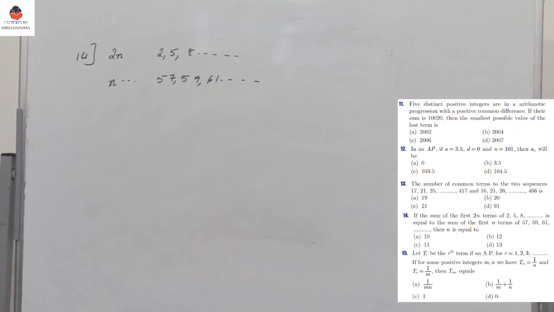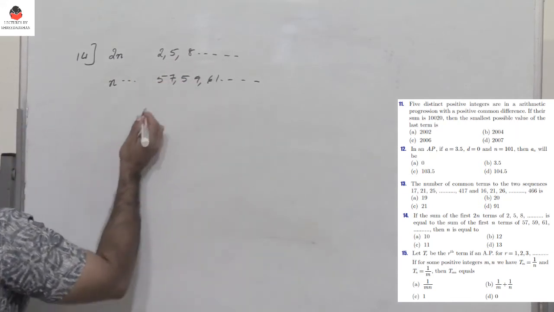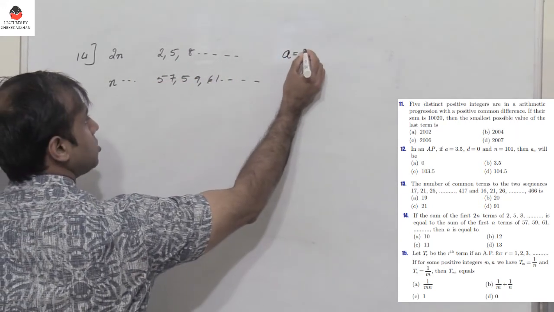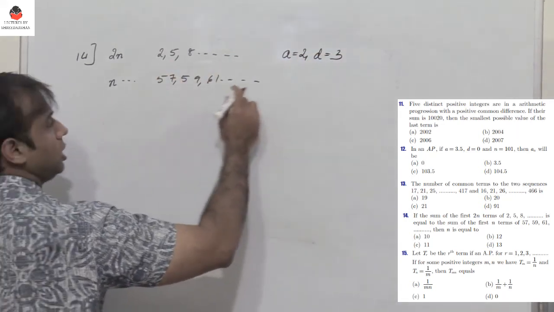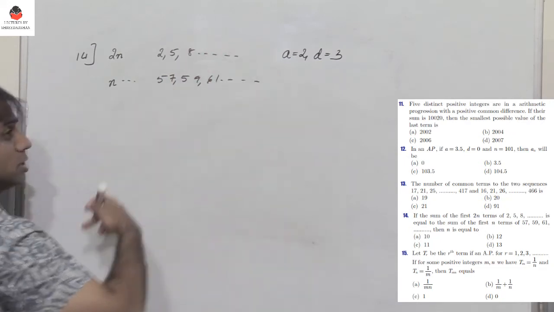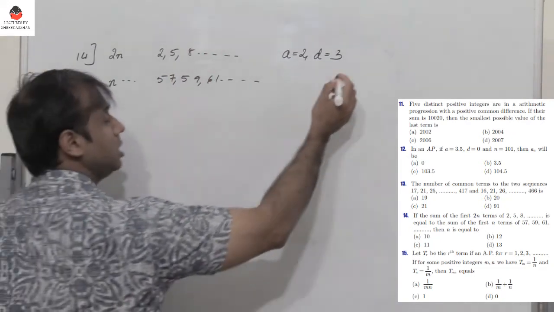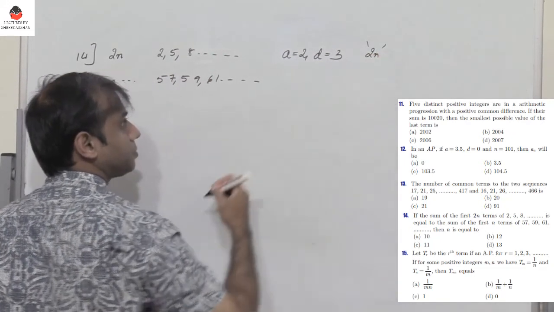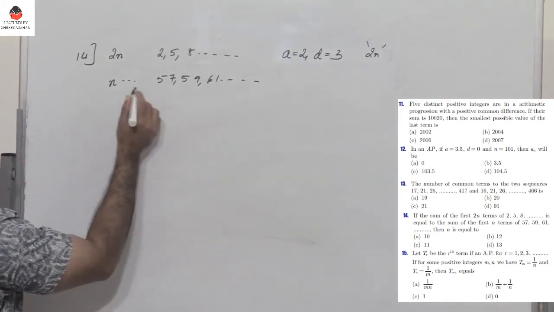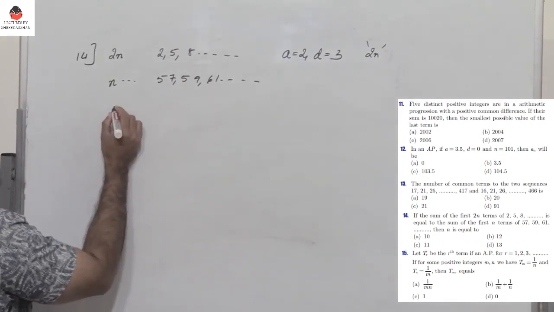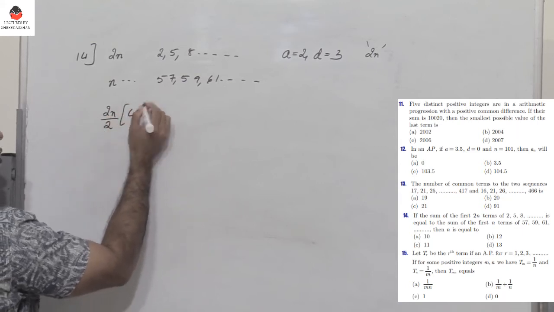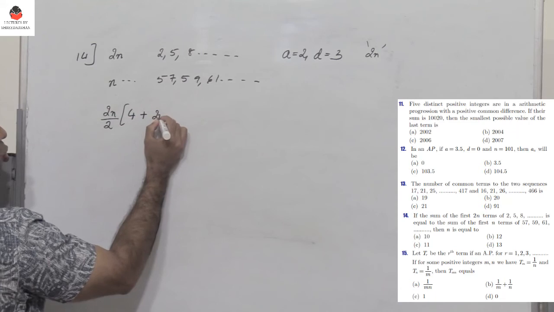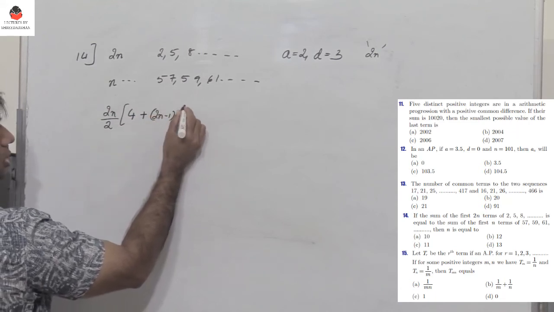So therefore, let me consider the first arithmetic progression. For the first arithmetic progression, A is 2, D is 5 minus 2, which is 3, right? And n is of course equal to 2n. So the number of terms here is 2n. So Sn, that is the sum to n terms, is equal to n by 2. So here it is 2n by 2 into 2a, 2 into 2 plus 2n minus 1 into 3.